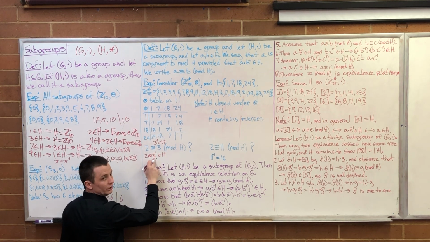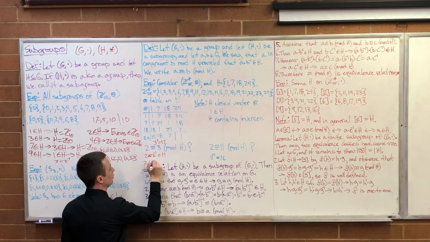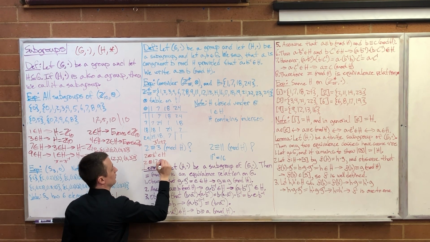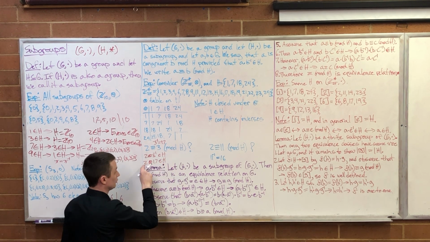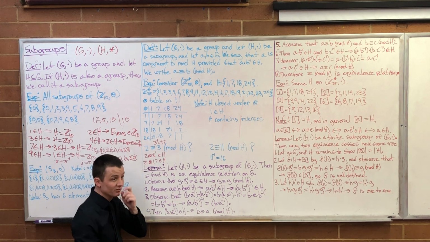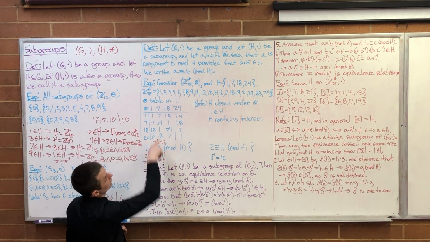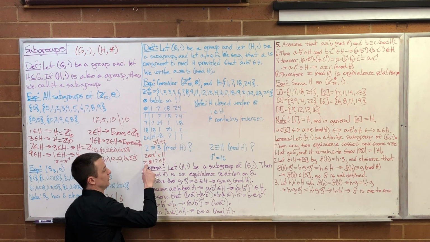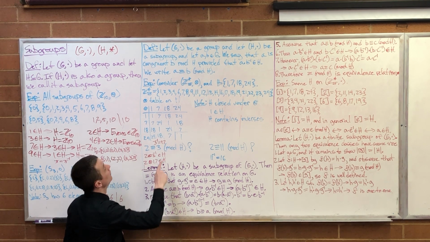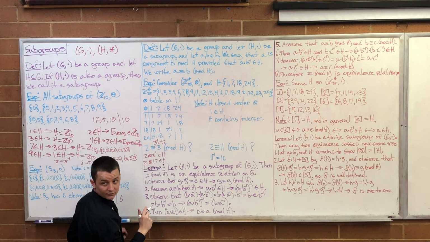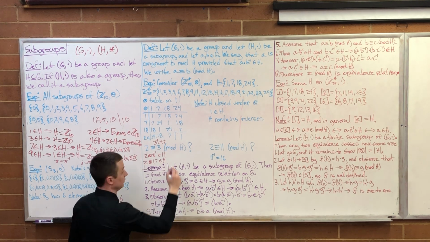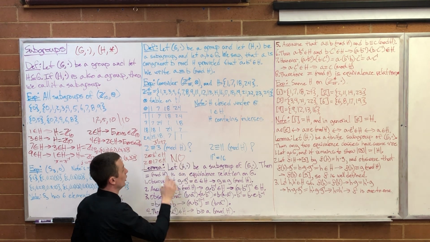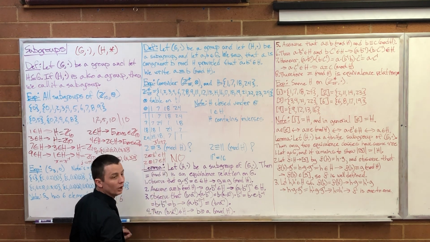I already calculated 3 inverse for you, so that's the same as asking whether 2 times 17 is in H. What's 2 times 17? 34, but mod 25, that's 9. Is 9 in H? No. So 2 is not congruent to 3 mod H.